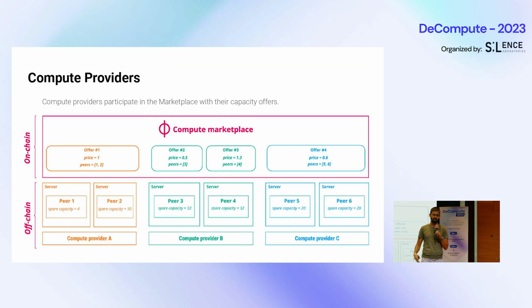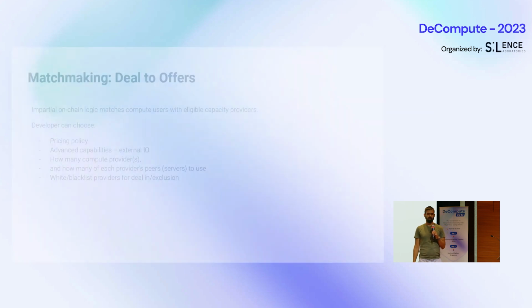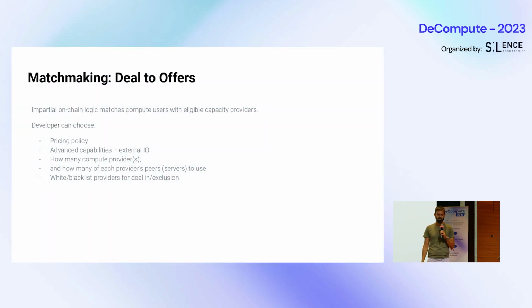Each server is represented in the marketplace with an offer, with some attributes for the compute jobs that can run on these servers, like the pricing and advanced capabilities.